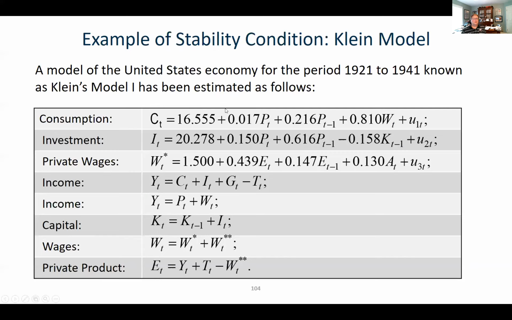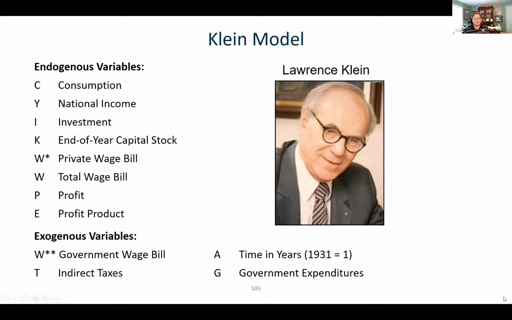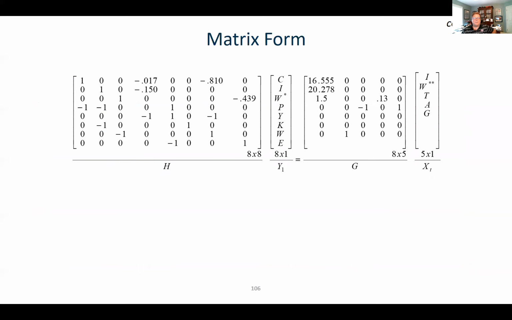Consumption, 1, 2, 3, 4, 5, 6, 7, 8. These are the current exogenous variables, but there are lags of endogenous variables. And here is Lawrence Klein, his picture. So we can write out the system of simultaneous equations in matrix form. Here is the matrix of coefficients of the endogenous variables.